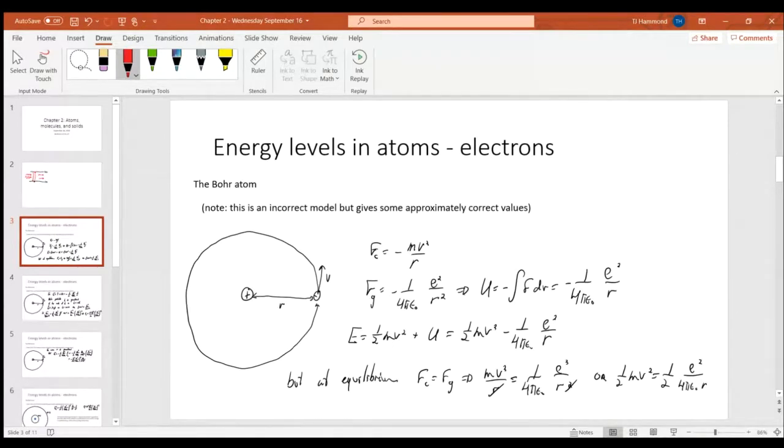So this is called the Bohr atom. This was proposed in around 1916 or so by Niels Bohr. Quantum mechanics had not been developed yet. Of course, that was with Heisenberg and Schrödinger, which would happen about 10 years later.